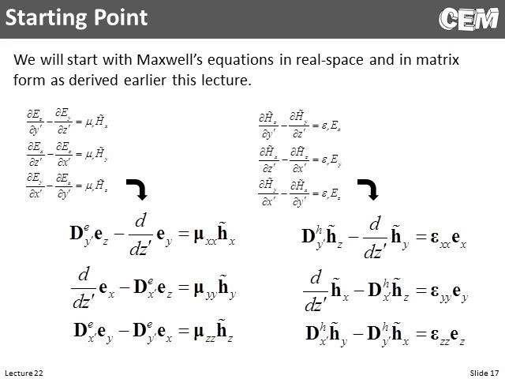We have the same starting point. We have our 6 Maxwell's equations that come from the curl equations. We approximate x and y with derivatives, finite differences, and we leave the z derivative analytical. So same starting point as the 3D method of lines.